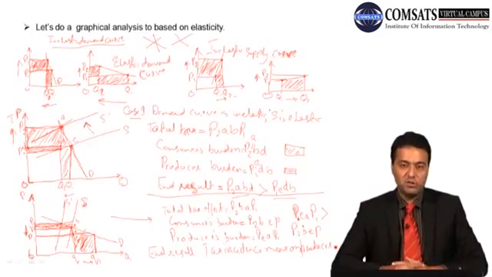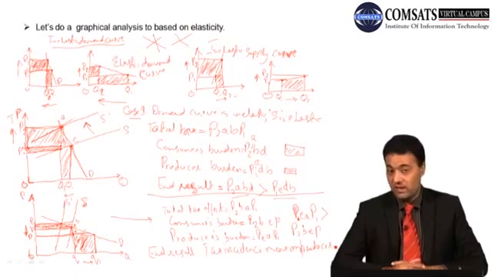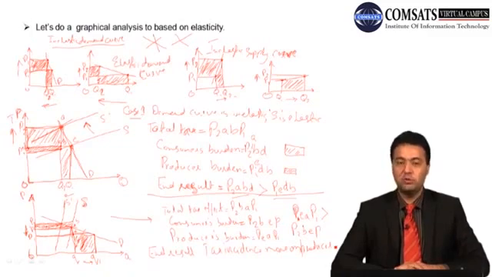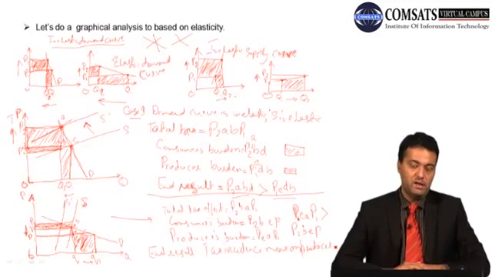As a policymaker, you need to be aware of this phenomenon related to tax burdens and who's going to share it, on whom the tax burden is going to fall.